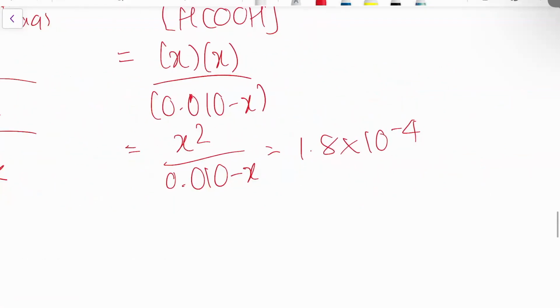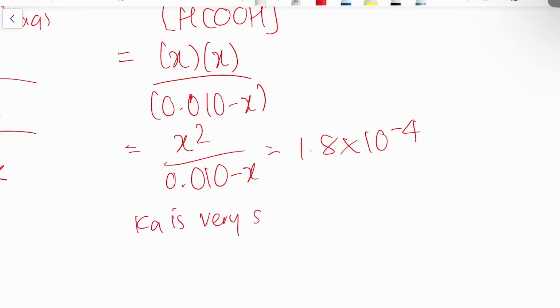Now, if I were to solve this the way it was, I would have to be solving a quadratic, and I need to use minus b plus or minus the square root of b squared, and so on. How can I make a simplifying assumption so that I don't have to solve the quadratic? Assume that x is way, way smaller than 0.01. Yes, good. So I'm going to say Ka is very small.